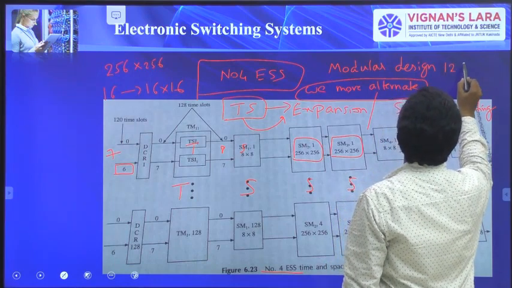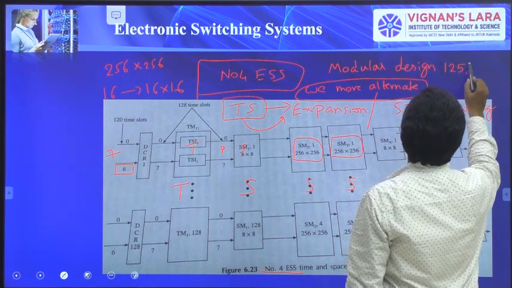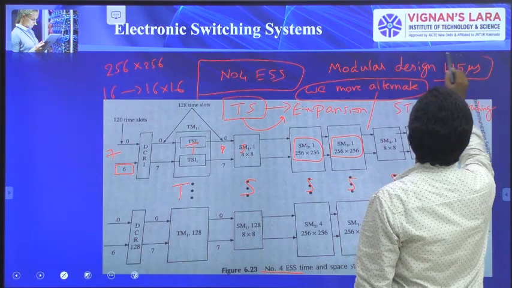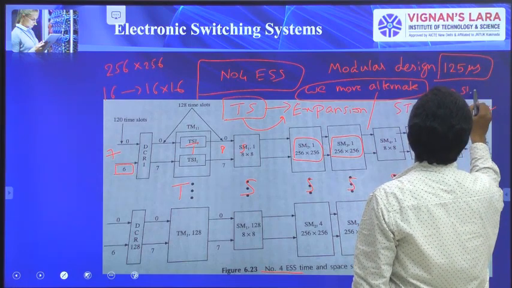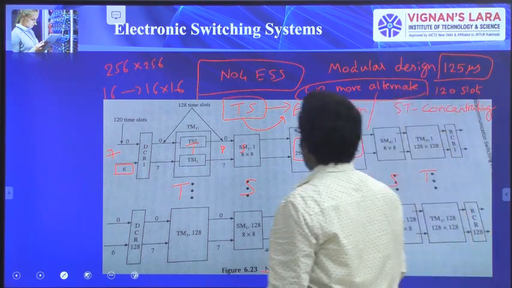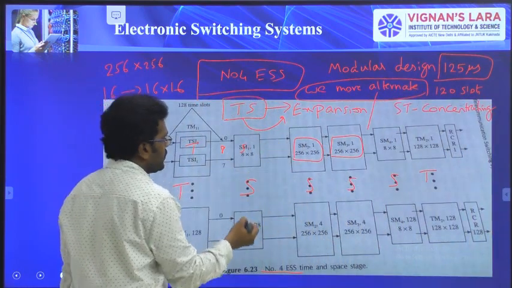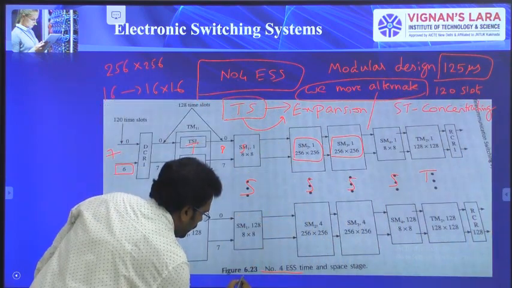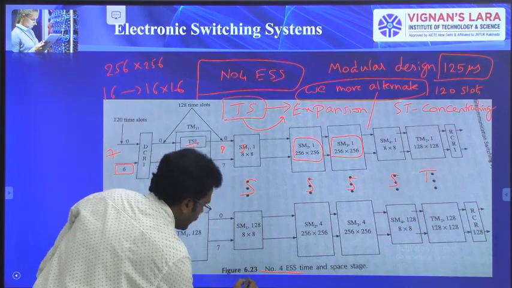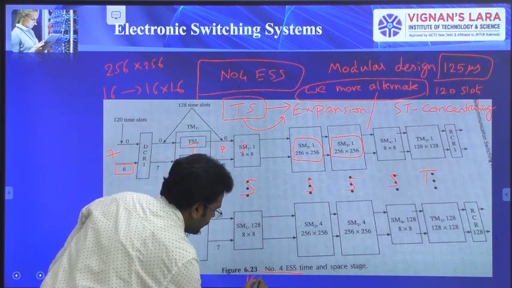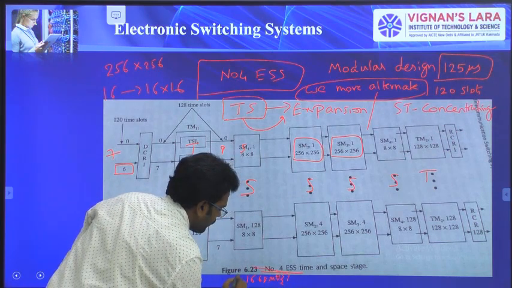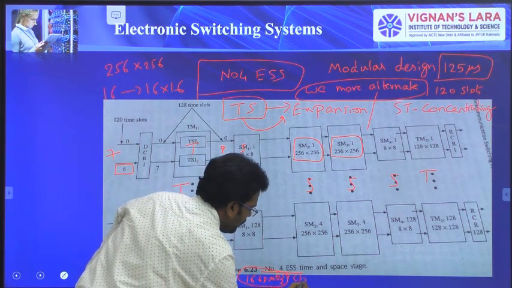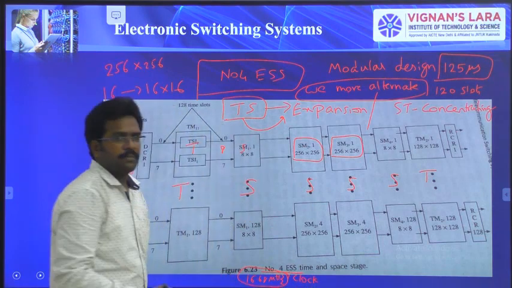And one more point to discuss here: a frame of 125 microseconds is used to transmit 120 slots. In the analysis, it is going to use a 16.68 megahertz clock for performing the operations.